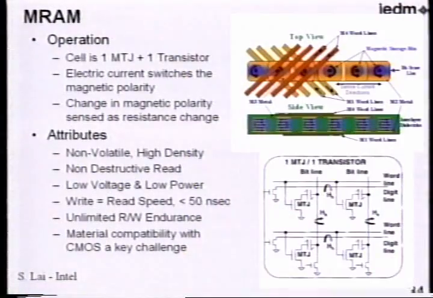It's a non-destructive read in this case. It does have low voltage and low power also, and a fast read-write in the nanosecond regime also. And it has unlimited read-write endurance. The key issue here again is compatibility with embedding it into CMOS.